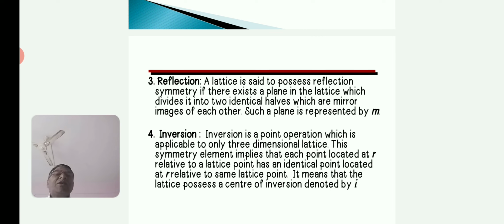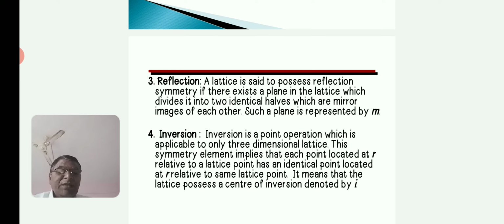What is meant by the basis? The crystal structure and the point lattice. We can summarize: the array of imaginary points which are so arranged in space that each point has identical surroundings is called point lattice or space lattice.